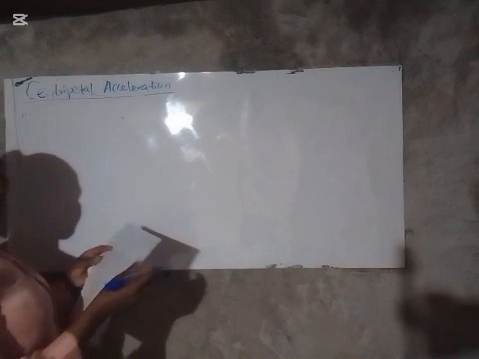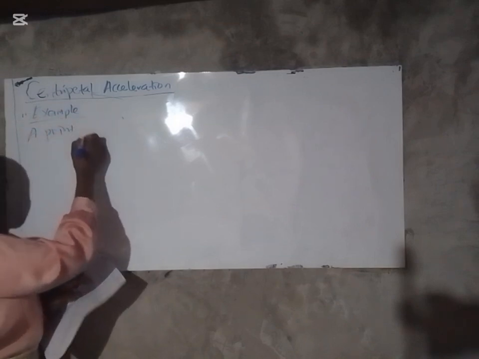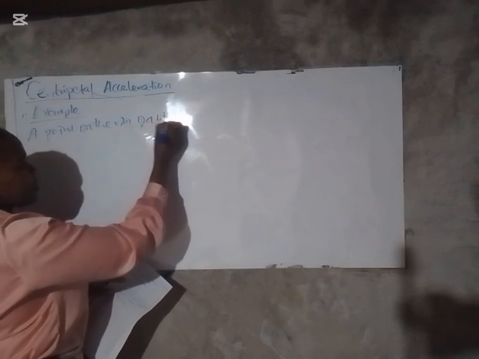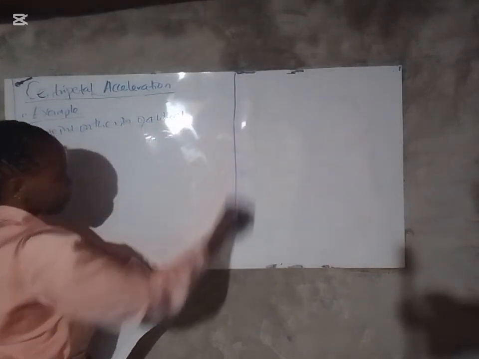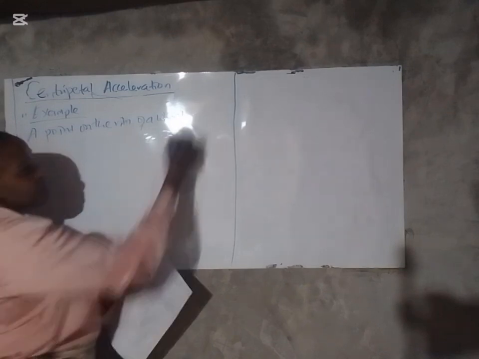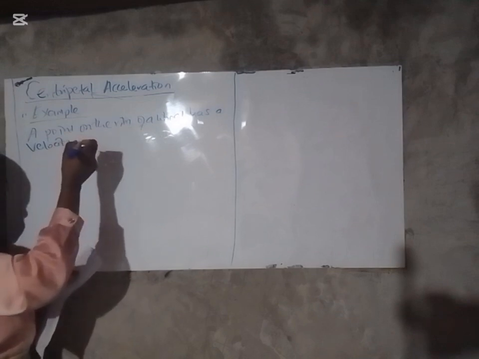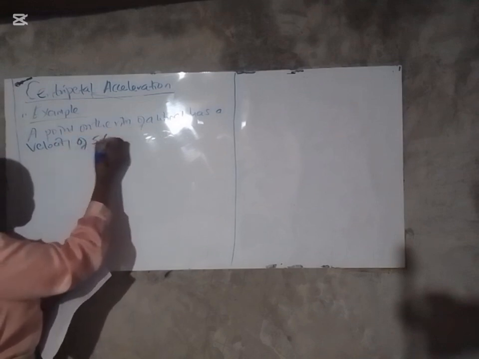So we have an example here. Say a point on the rim of a wheel has a velocity of 5.6 meters per second.